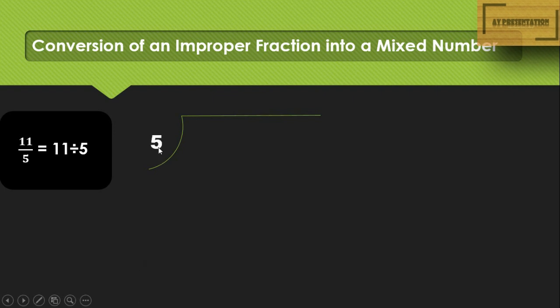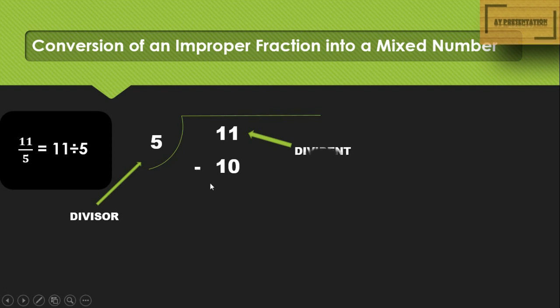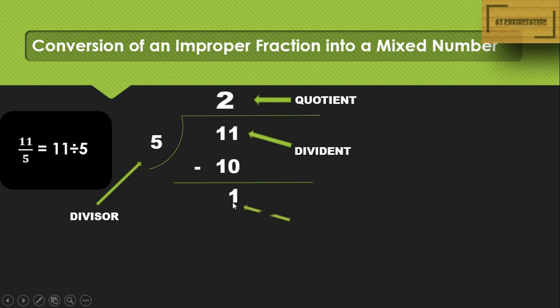Here the divisor is 5 and here the dividend is 11. In the table of 5, 11 is not present, so use the lower number, that is 10, which is in place 2. So 11 minus 10, the answer is 1. So 1 is the remainder and 2 is the quotient of that division.